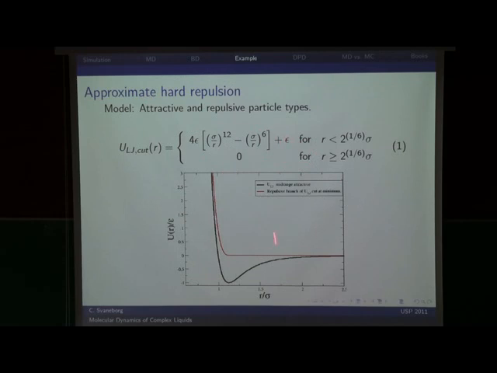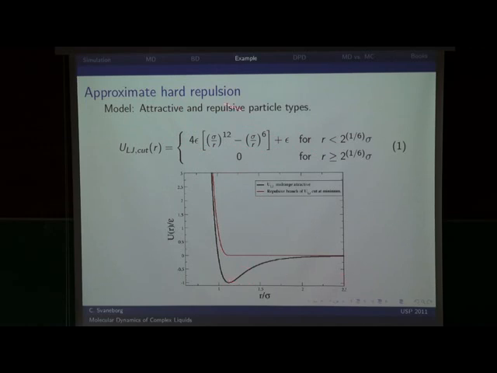So let me introduce one more potential to you. Previously I had the Lennard-Jones potential, which has a minimum. But what we can do is take the positive branch of the Lennard-Jones potential, just add a constant to it, and then set it to 0 at the minimum. And when you do this, you get the red potential. So it's the Lennard-Jones potential plus a constant, and then I define it to be 0 for this distance and above.